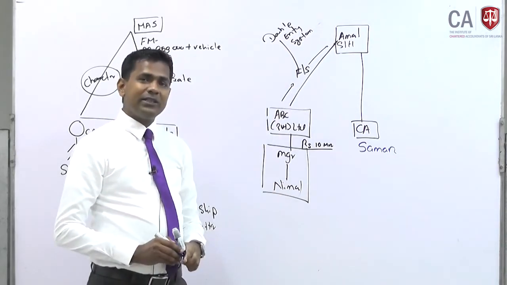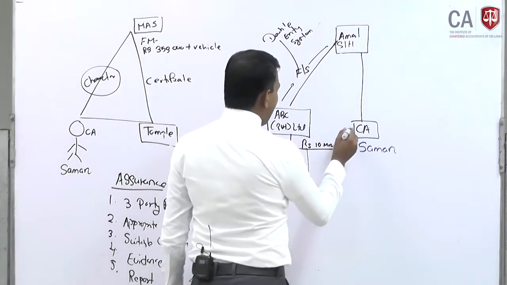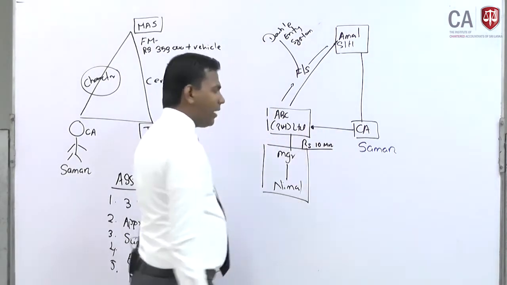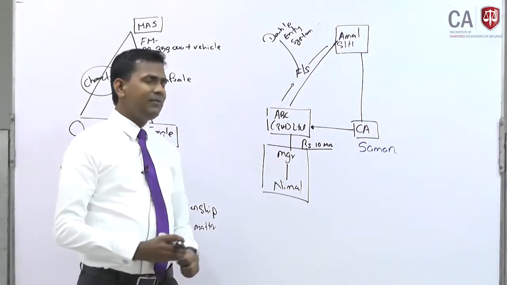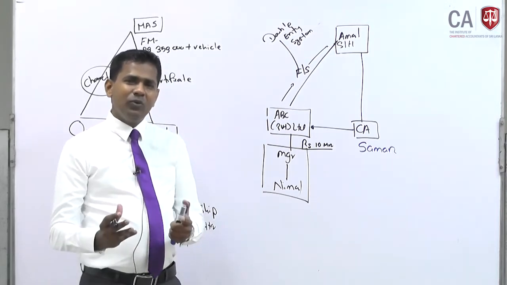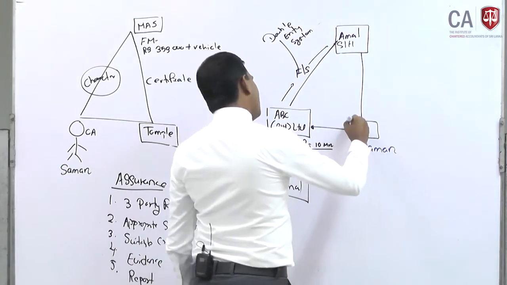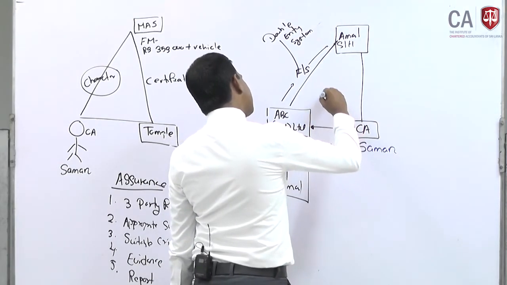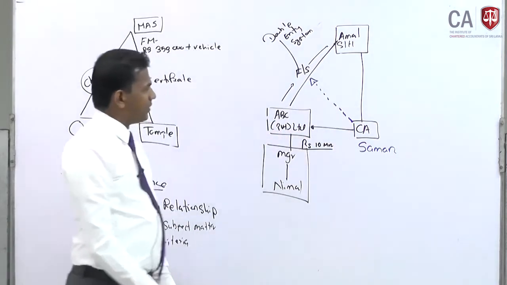So Amal goes to a third party person called Saman, and tells Saman, look here Saman, I can't believe the financial statements given by the management. I cannot believe. So therefore, can you verify this financial statement prepared by the ABC Private Limited management?